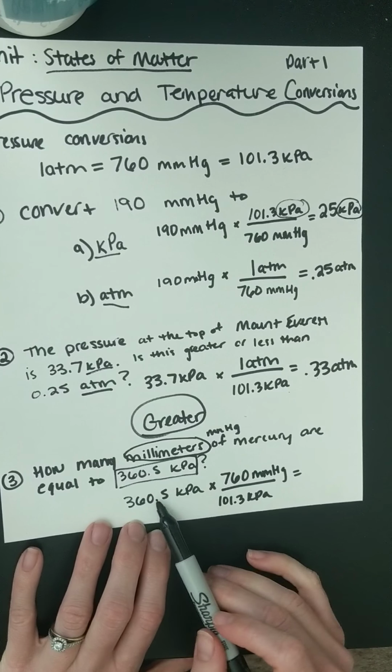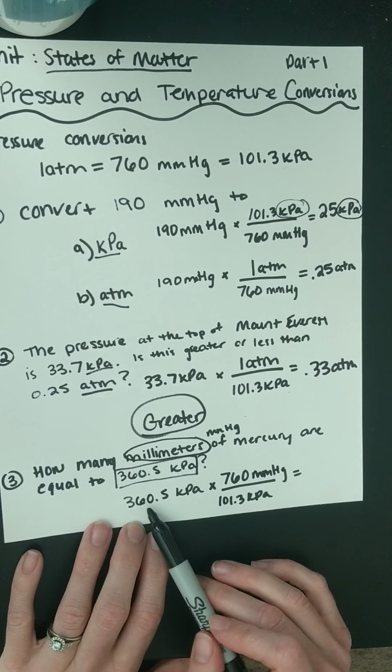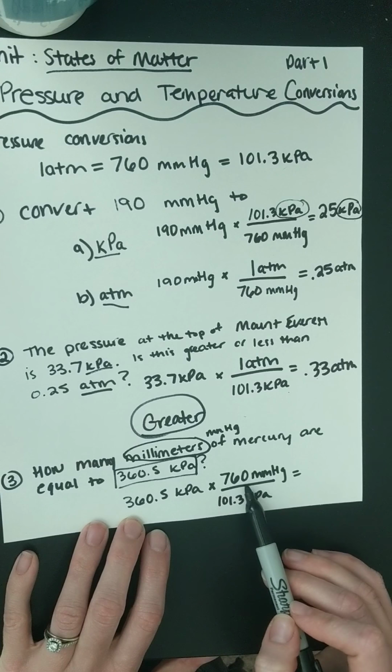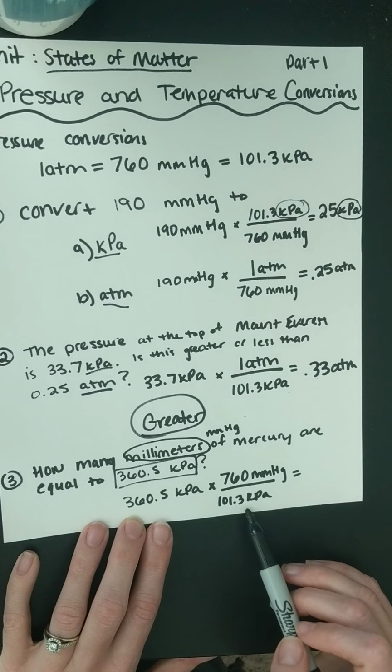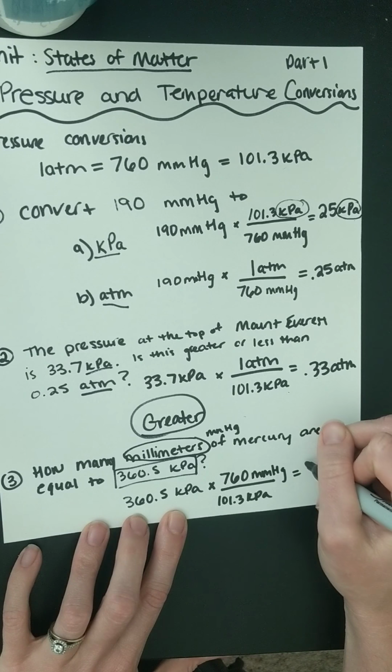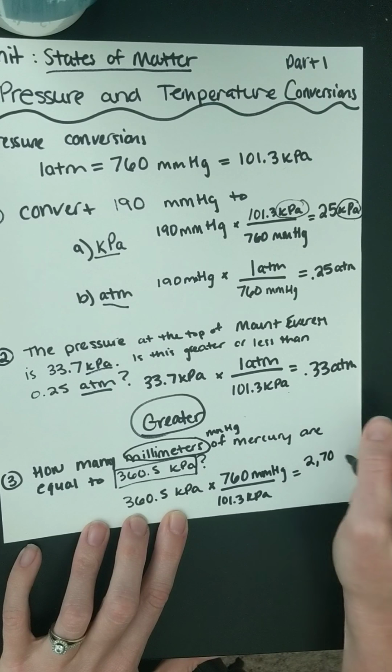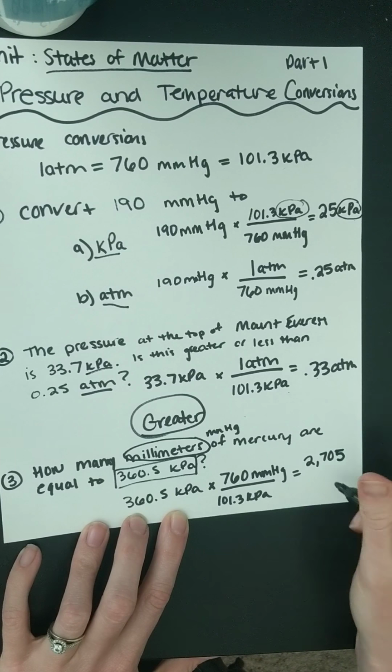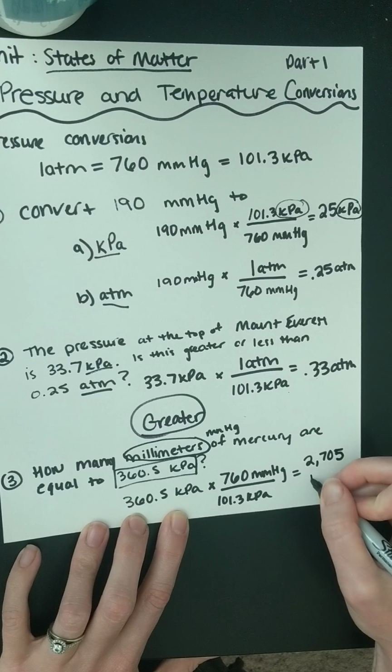So you go ahead and multiply these two, 360.5 multiplied by 760, then divide by 101.3, and you should have gotten 2,704.6, I believe. So we rounded to 2,705, and the unit is mmHg.